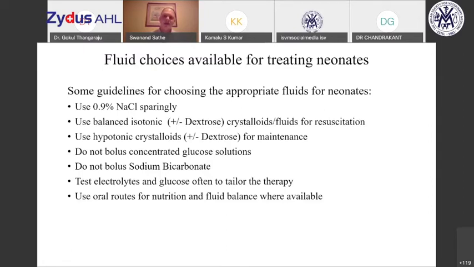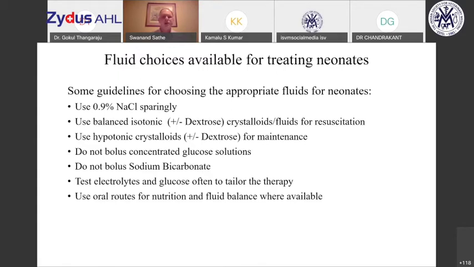Even foals that are flat out, hypoglycemic, and seizuring do not benefit from bolusing of highly concentrated glucose. Also, do not bolus sodium bicarbonate, except in extreme cases where you have a foal that's essentially dying because of a low pH. There are no other indications for bolusing sodium bicarbonate.